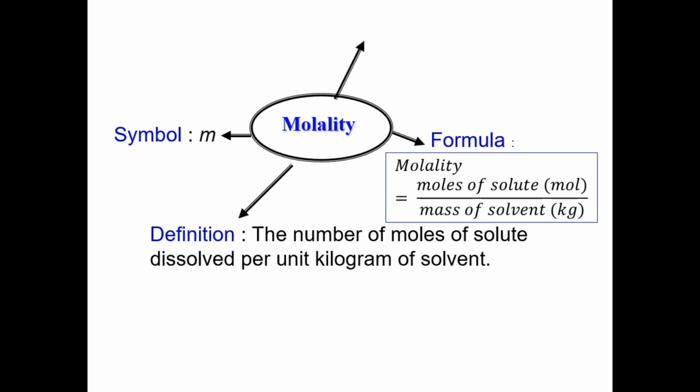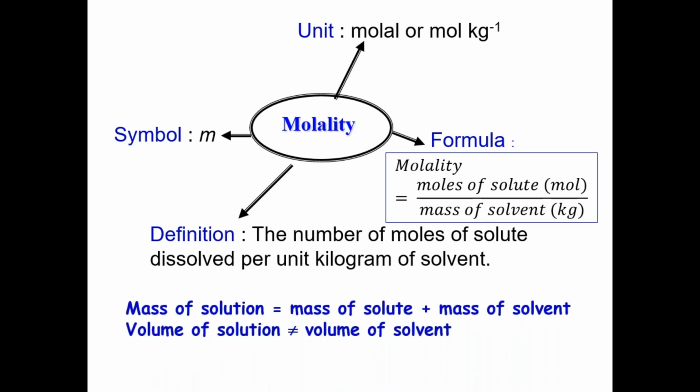The unit for molality is molal or mole per kg. We have to remember that mass of solution equals the summation of mass of solute and mass of solvent, and volume of solution is not equal to the volume of solvent.